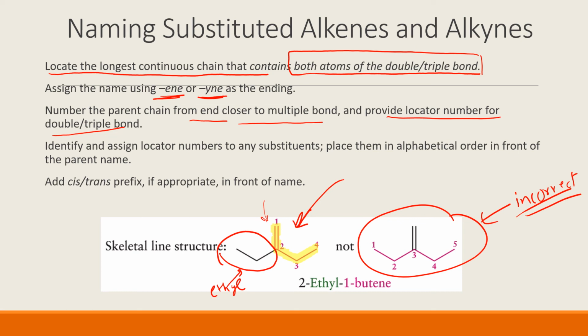If applicable, we also add a cis or trans prefix if they exist. In the example shown here, cis and trans are not possible because at the number 1 position there are no carbon groups or carbon atoms present, so therefore cis and trans does not exist. So in this case, the name of this hydrocarbon is 2-ethyl 1-butene.